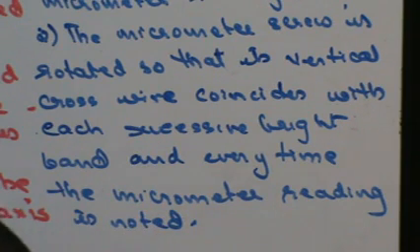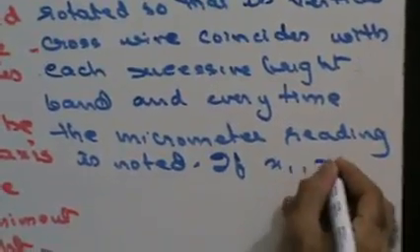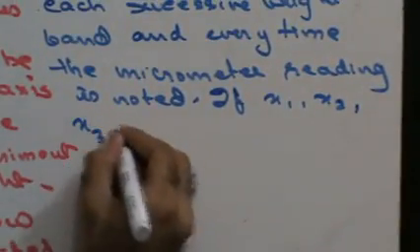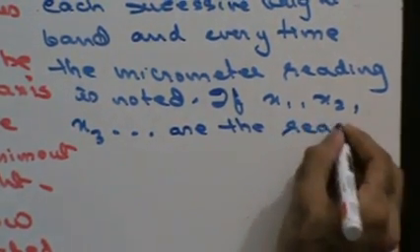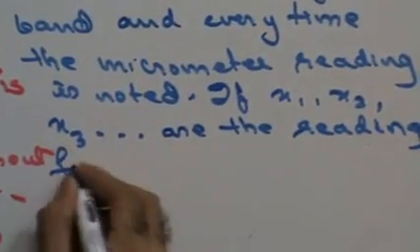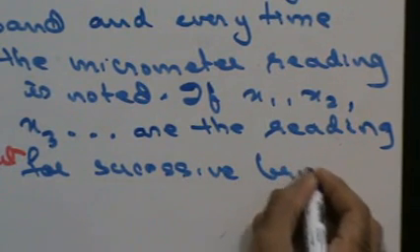Let's consider that x1, x2, x3 and so on are the readings for successive bright bands.